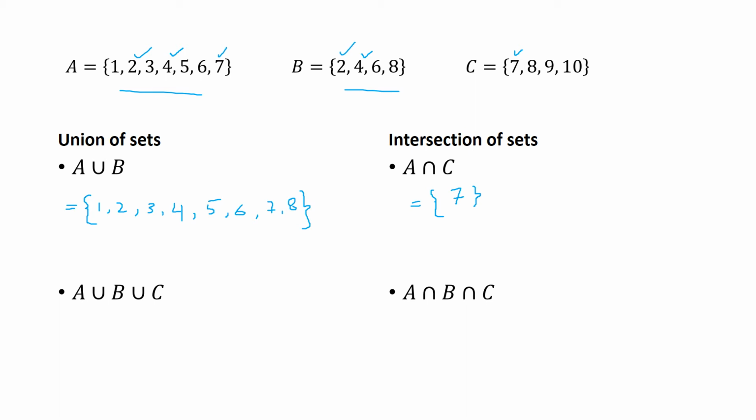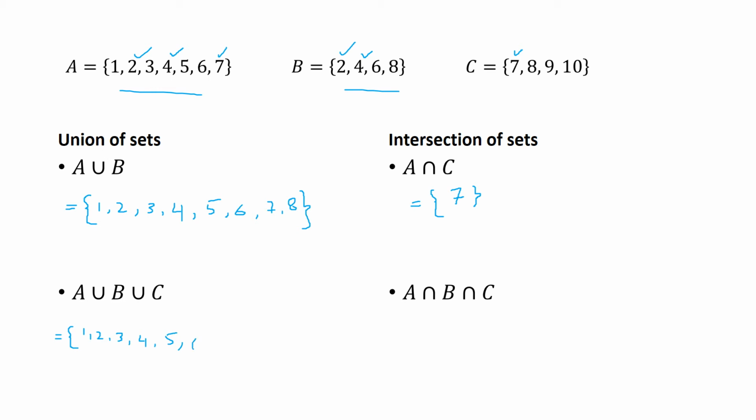A union B union C. So we combine all of them together. So 1, 2, 3, 4, 5.